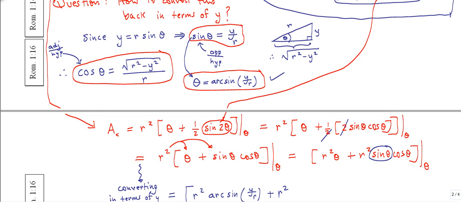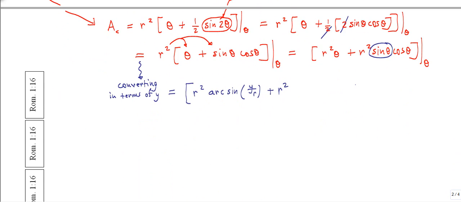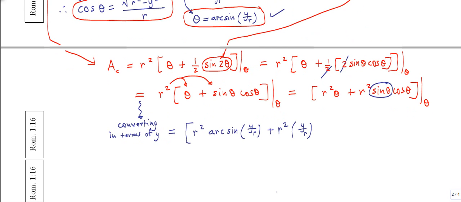Sine of theta is that term right there. It's y over r. So it'll be y over r, and cosine of theta is right over here. So that is radical r squared minus y squared all over r.